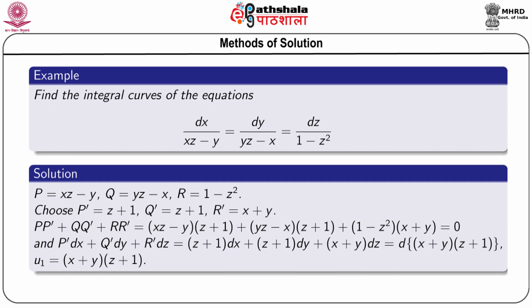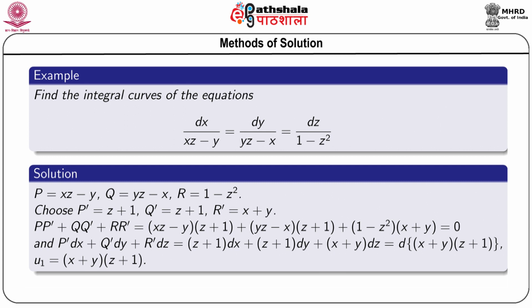With this choice, it becomes an exact differential, and that is written here. So, for this equation we get one integral curve u1 equals x plus y into z plus 1.